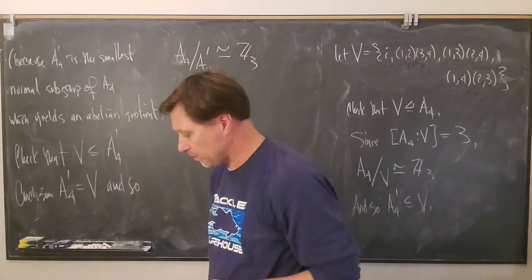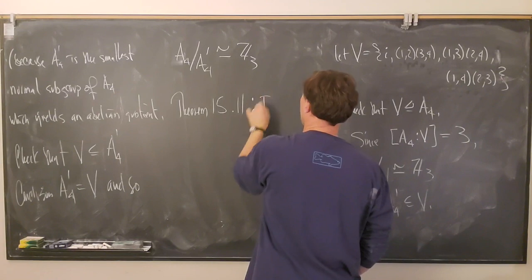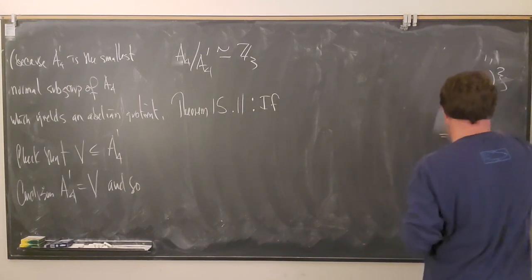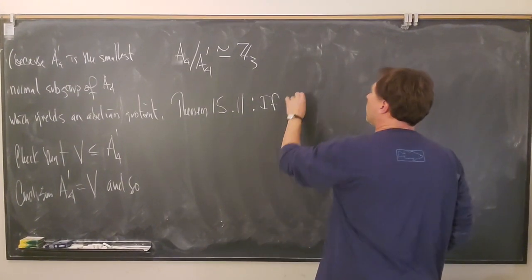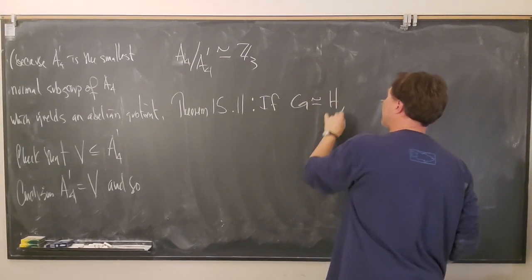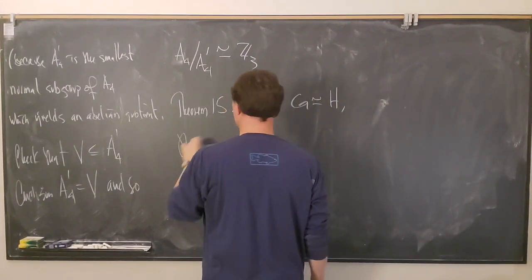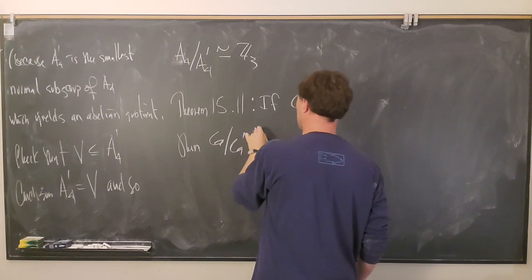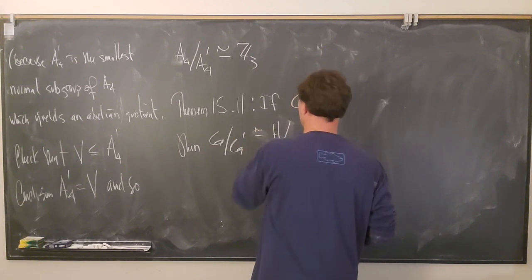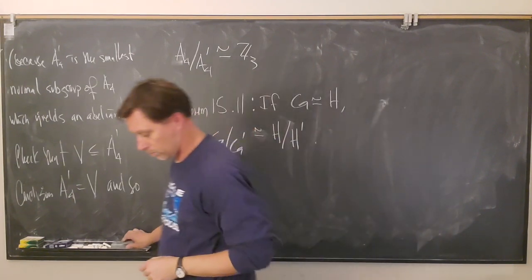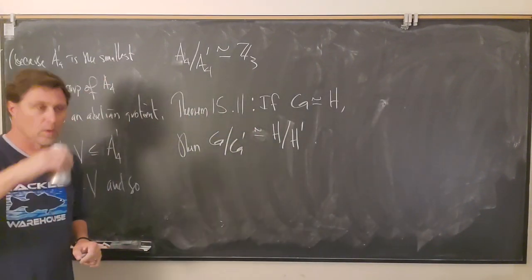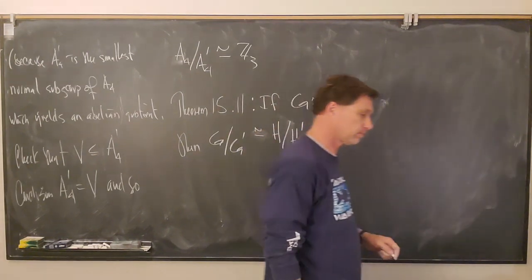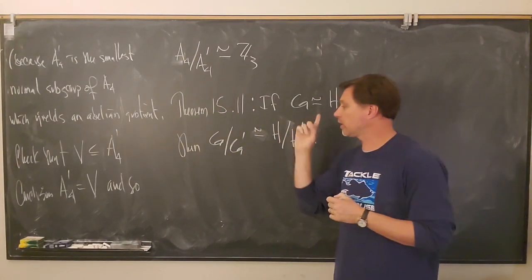Theorem 15.11: if G is isomorphic to H, then G mod G prime is isomorphic to H mod H prime. Isomorphic groups have isomorphic abelianizations. Fine.